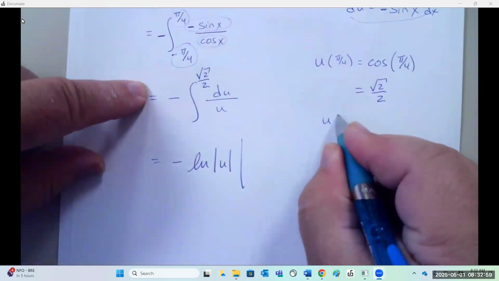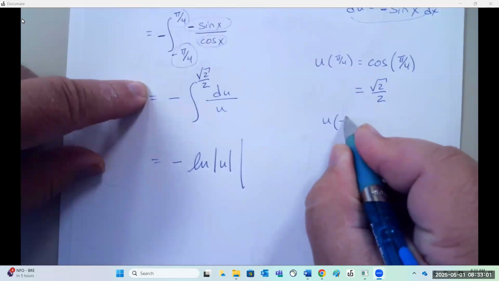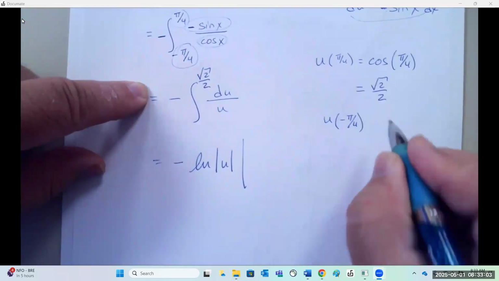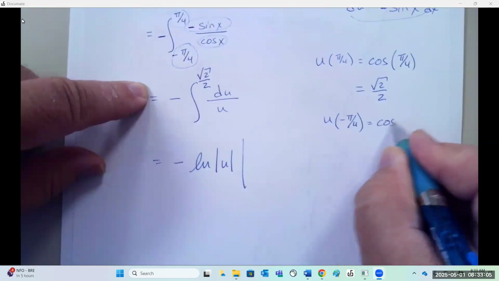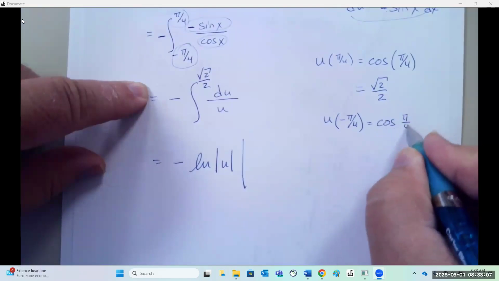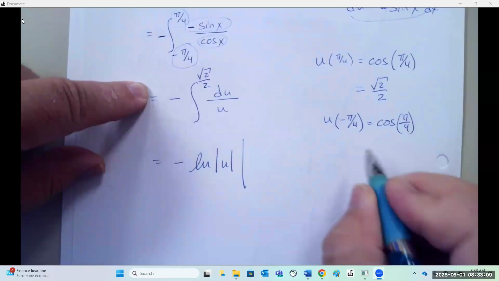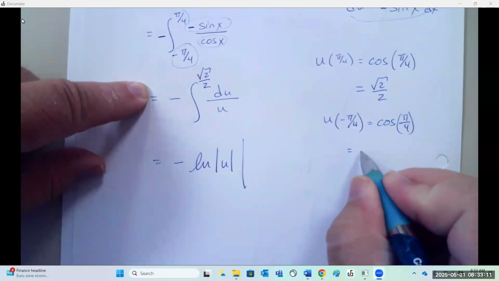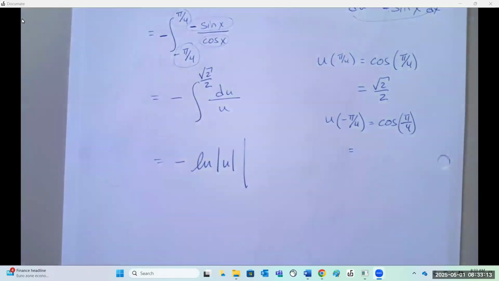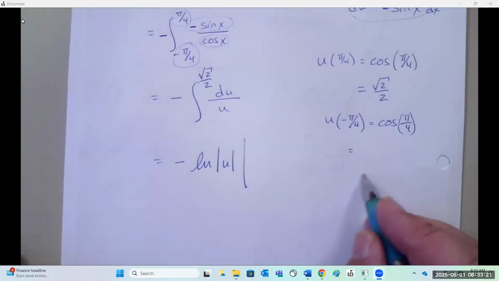What is u when theta is negative pi over 4? Are you sure? Is it positive or negative? Why? Let's look at this.